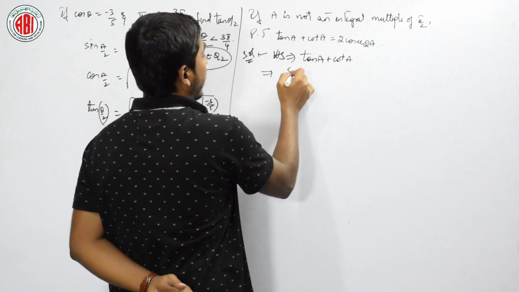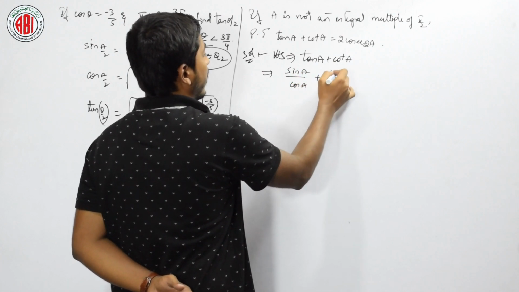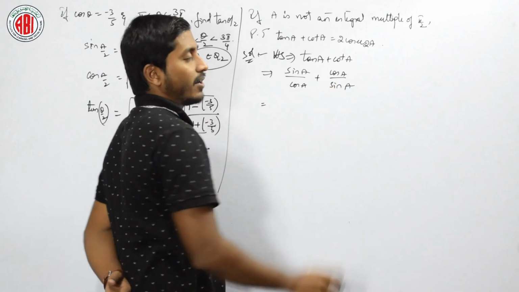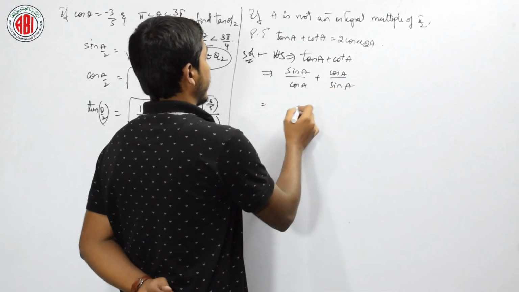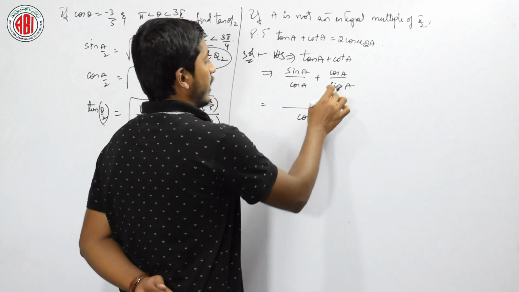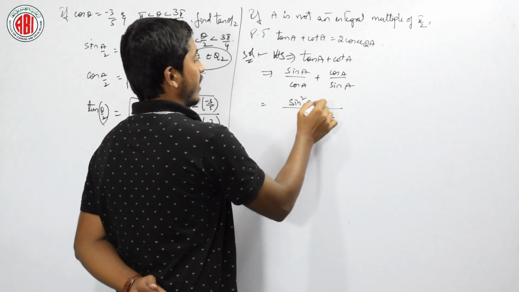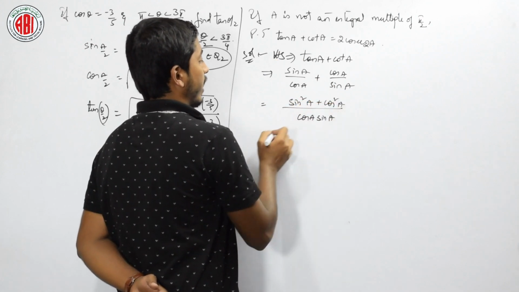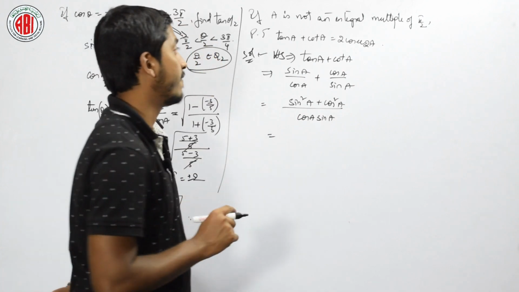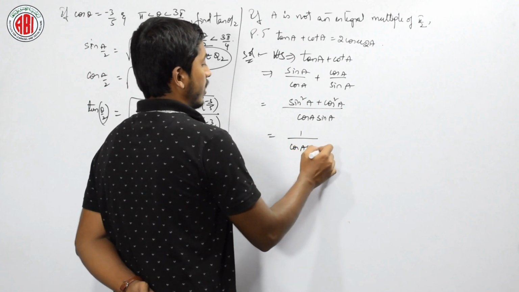What is tan a? Can I write it as sin a by cos a? What is cot a? Cos a by sin a, isn't it? What is the LCM here? The LCM here is cos a into sin a. Let us take the LCM, then cross multiply, it will become sin square a plus cos square a. Is it clear? Sin square a plus cos square a is 1, so we get 1 by cos a into sin a.